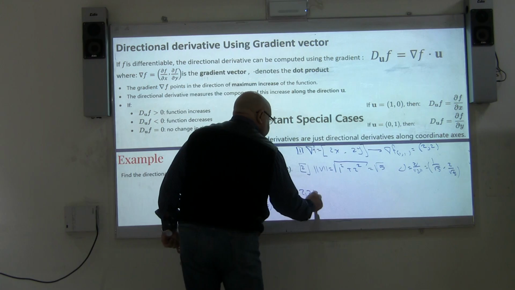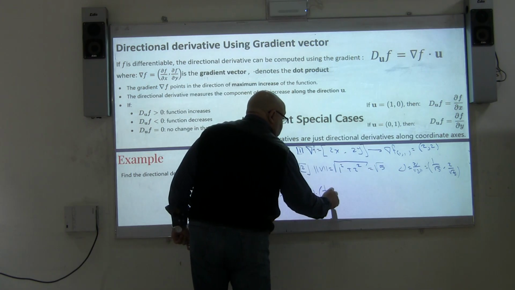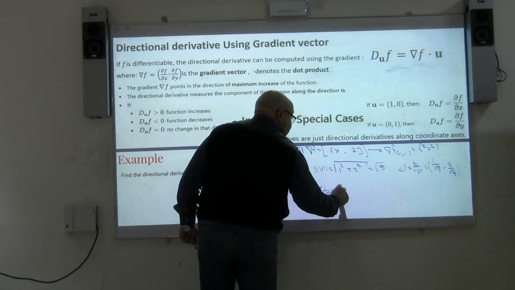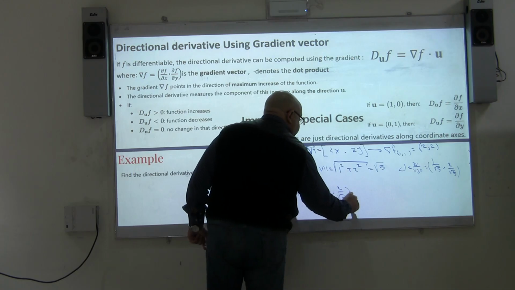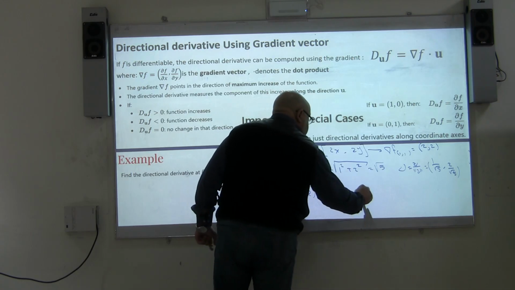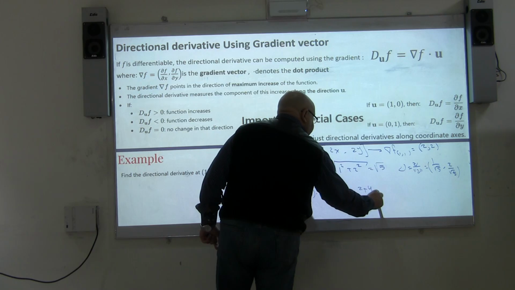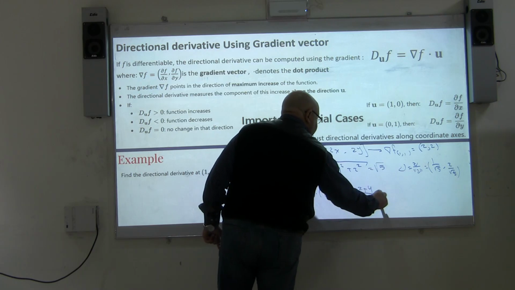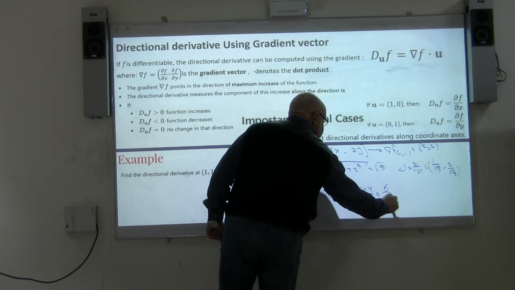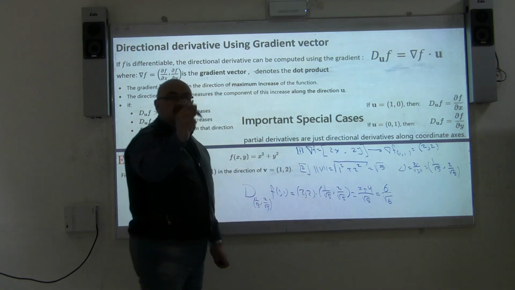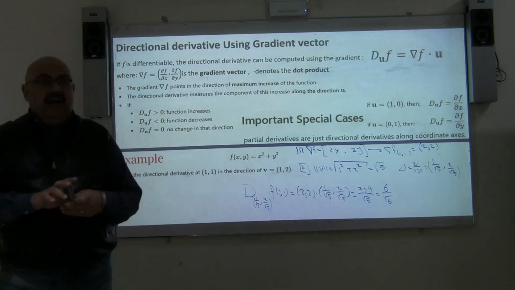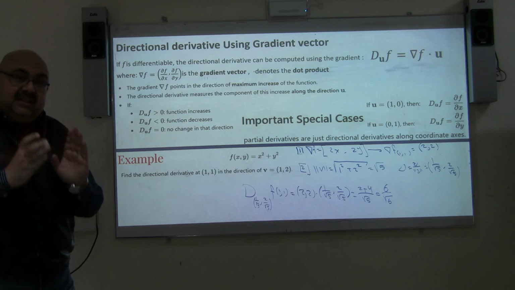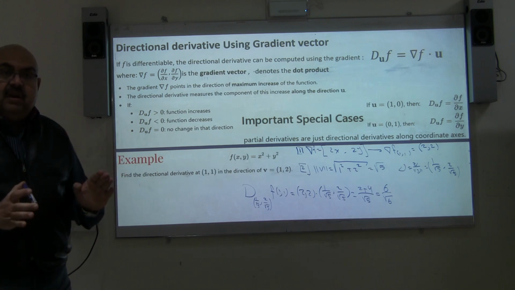So it's going to be (2, 2) times (1 over root 5, 2 over root 5). So it's going to be 2 plus 4 over root 5, which comes up to 6 over root 5. That's the directional derivative evaluated at a certain point in a certain direction.